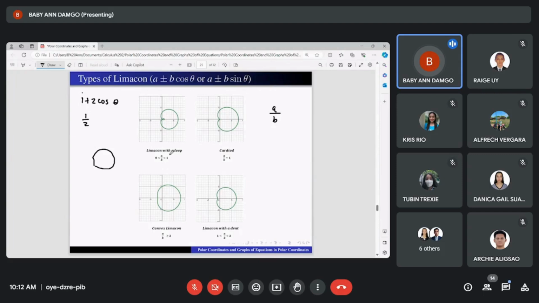Okay, it's a limason with a loop. Okay? So A here is 1 and then the B is 2, so 1/2. So 1/2 is between 0 to 1. Okay, very good. So next, we have 2.